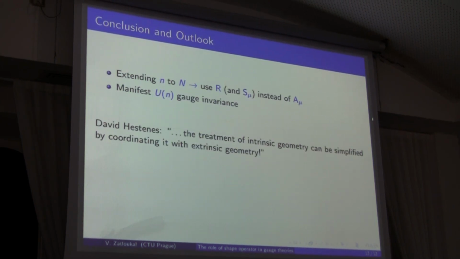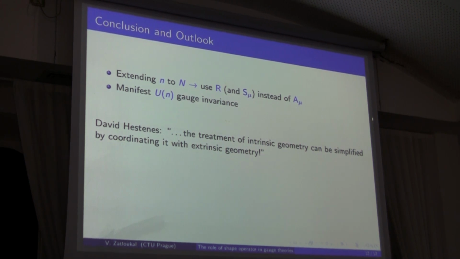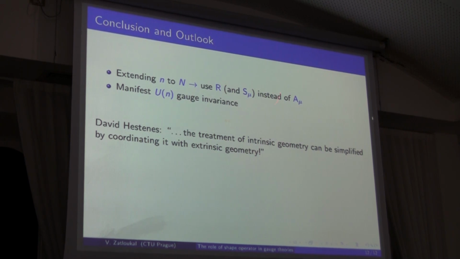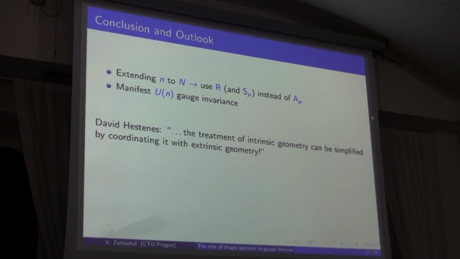So I showed a way to maybe use different variables instead of those that we are very familiar with and use every day. In principle this can be done. And the question is whether it's a useful thing. There are some hints that it might be useful, because this intrinsic gauge invariance is not present.